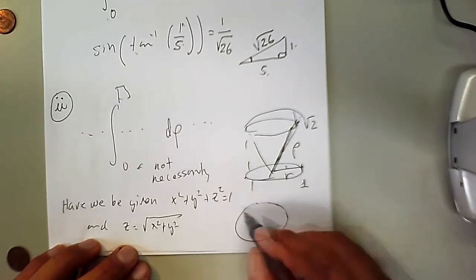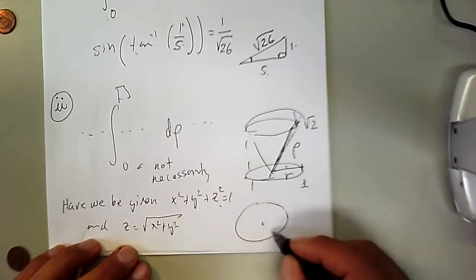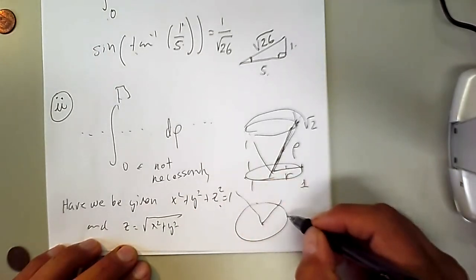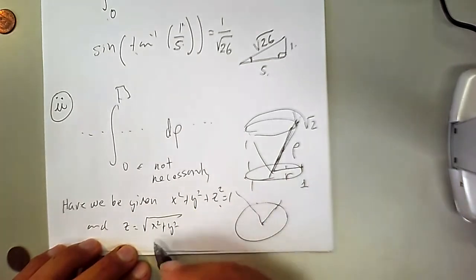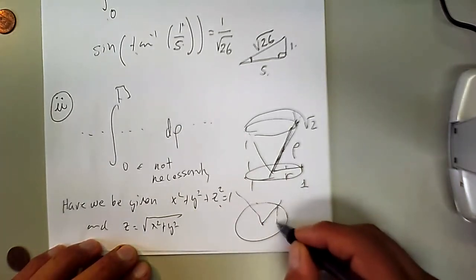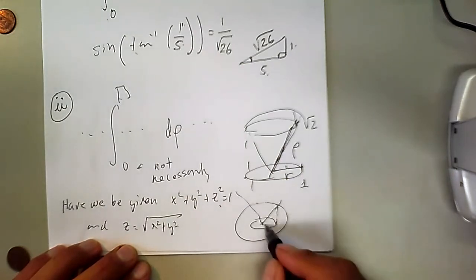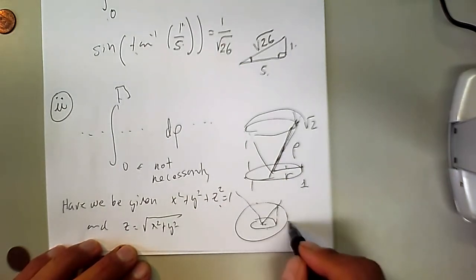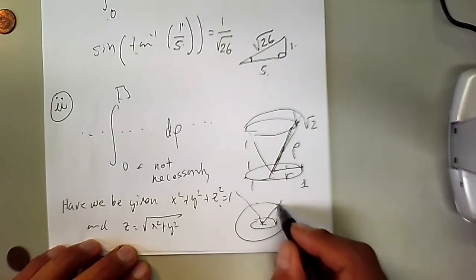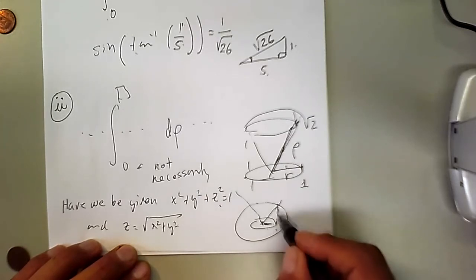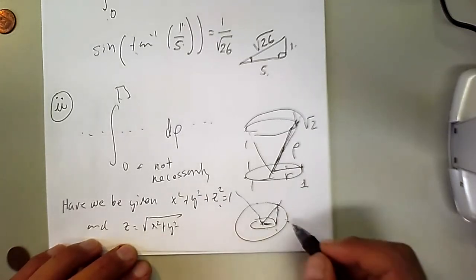there's the sphere, it's a unit sphere, and then when we intersect with a cone, assuming we have this cone, then when we drop this down here, we're going to end up with a circle, but the circle is going to be a smaller circle than the unit circle. I have to think about what it would be. It would be 1 over the square root of 2, that and that, if we had a 45-degree angle.